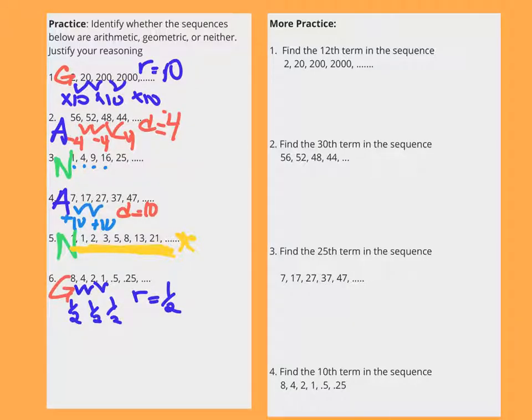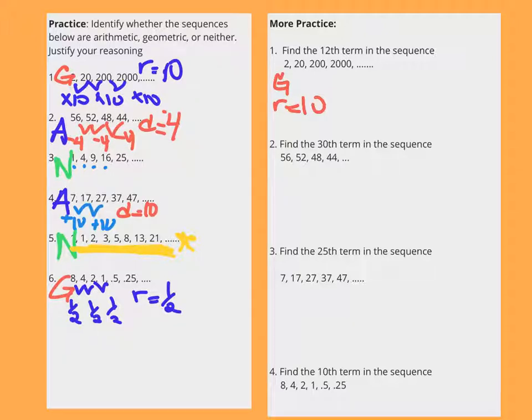So we identified whether a sequence was arithmetic, geometric, or neither. Now we want to go to the next column and look at some of these sequences and try to apply the formula. In number 1 here, we're looking for the 12th term in the sequence. So if we look at this sequence here, we determined earlier that the sequence here was geometric and that it had a ratio of 10.